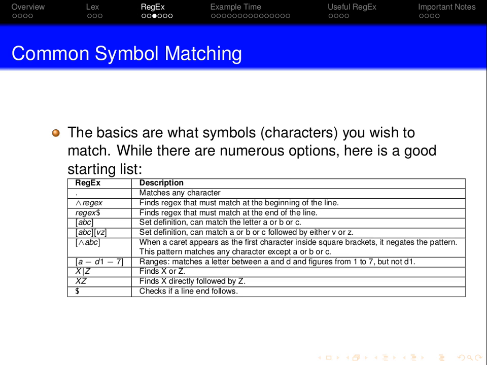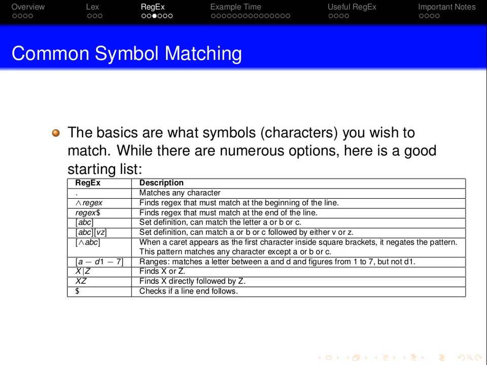The next one: when a caret appears as the first character inside the square brackets, notice it's inside the square brackets, not outside like up there, it negates the pattern. The pattern matches anything except ABC. So Z would match, pound symbol would match, et cetera. You can do ranges.